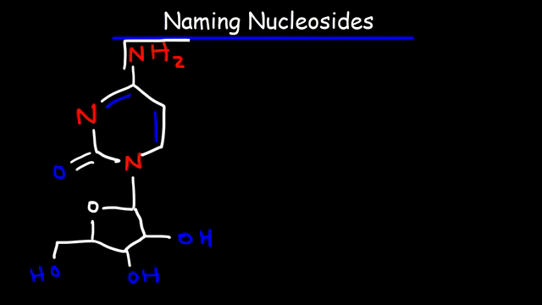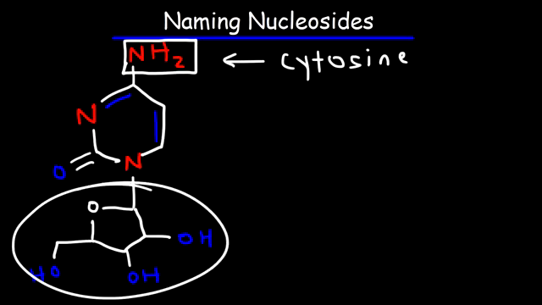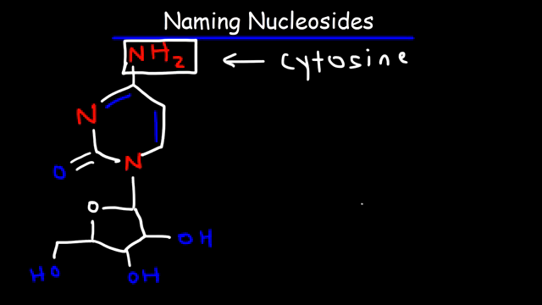Now, looking at the NH2 at the top, only one of those three pyrimidines have the NH2 on the top. And if you remember, this is the nitrogenous base, cytosine. Now, combined with the ribose sugar, it becomes a nucleoside called cytidine. And so that's the name of this particular nucleoside.